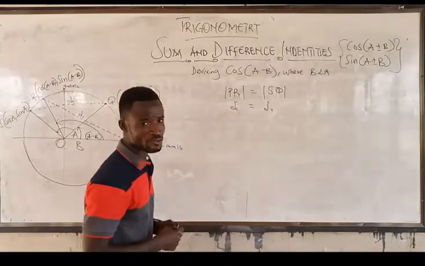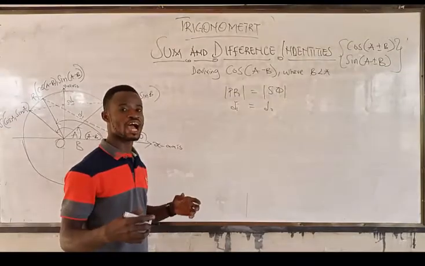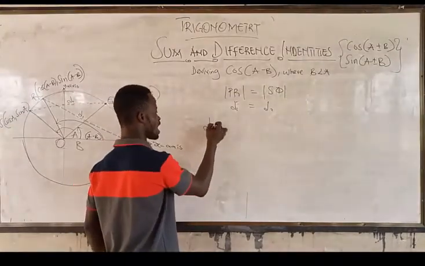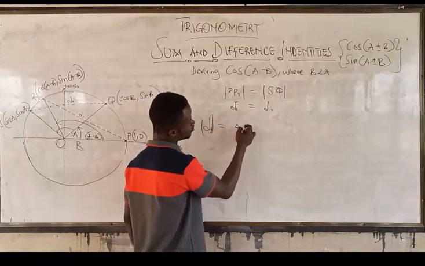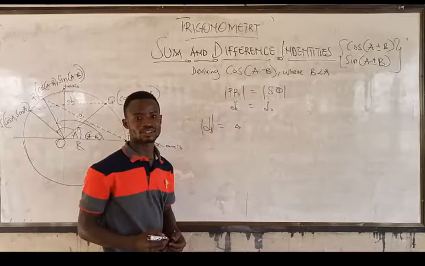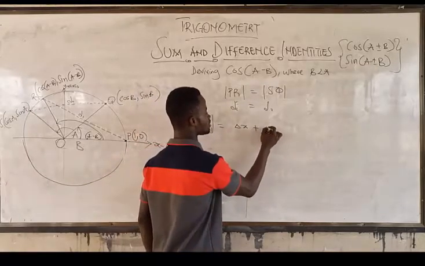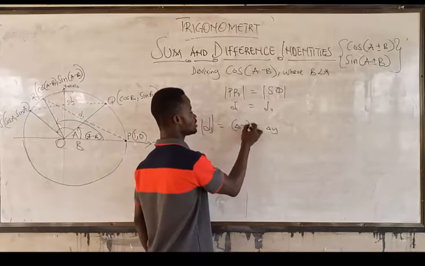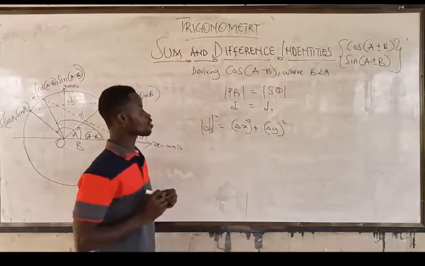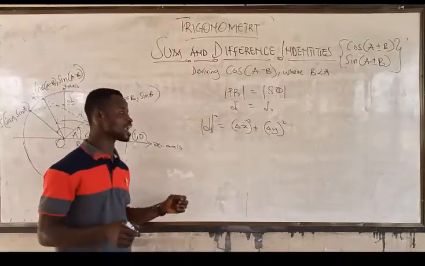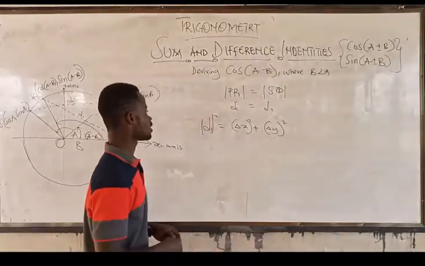We know that the distance formula, in case we have 2 points, is going to be the change in X squared plus the change in Y squared. So the distance D squared is equal to the change in X squared plus the change in Y squared. Alright.